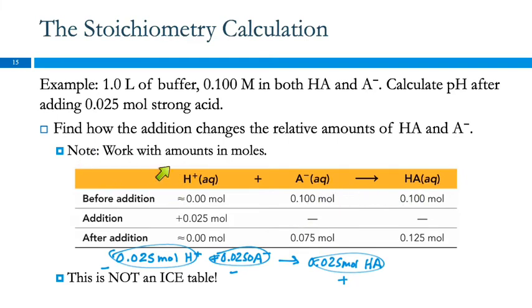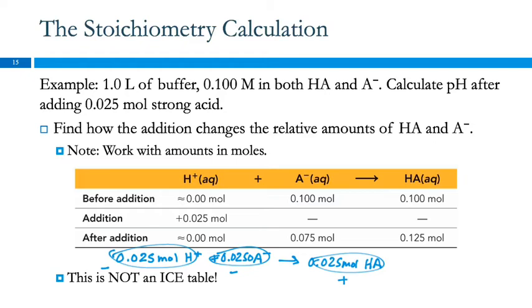And so when we're adding this strong acid, this is like HCl or something, it's not associating with anything. It's just straight old H+ coming in. This will react with this and form HA. Essentially, it's causing the ionization reaction of the weak acid to shift. That equilibrium is going to shift.